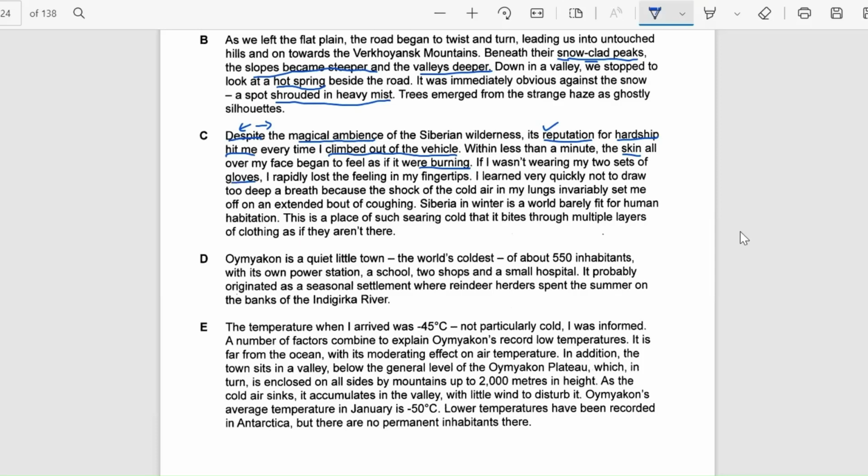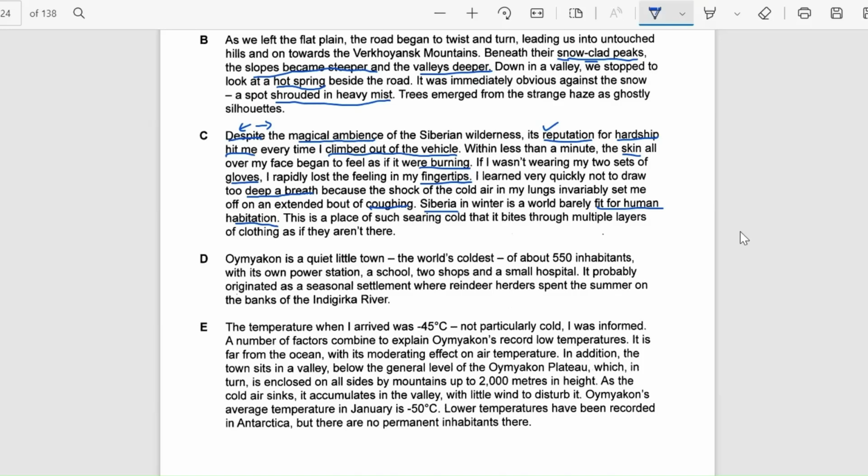And even though he was wearing gloves, he had this numbness in his fingertips, and then he couldn't breathe too deeply because that would suffocate him or make him cough. And so he's saying Siberia is a place which is not fit for habitation by humans.